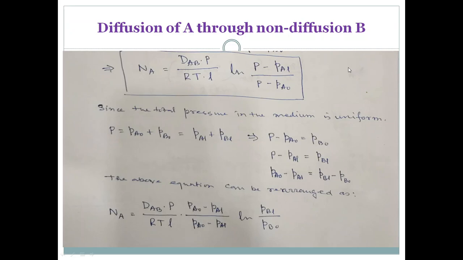That is not visible within this equation, but it can be represented like this: flux equal to driving force by resistance. Let's try to do this.